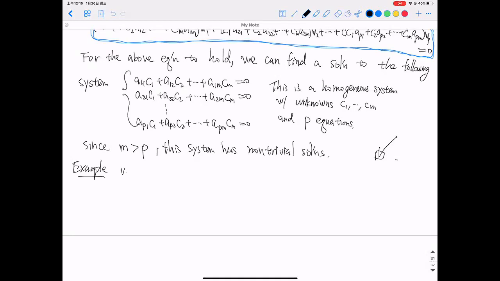Let's say we have a subspace that is given as the span of 4 vectors.